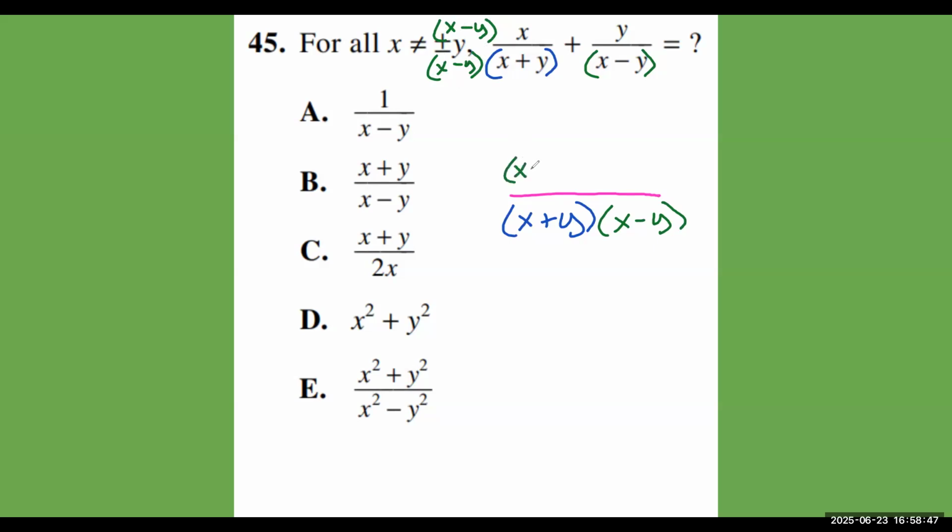So I am just changing the way it looks, but I'm not changing any of the value. So I have x minus y getting multiplied by x that was already there. Okay, I have a plus sign, and I already have a y in that question, but that y is going to get multiplied by what's missing on the right, which is an x plus y.